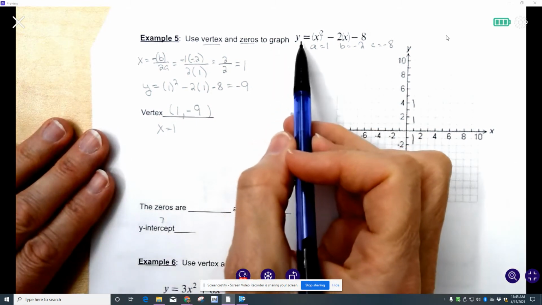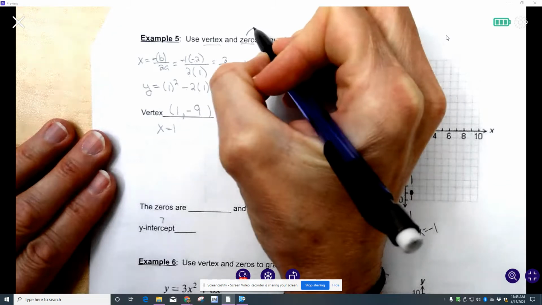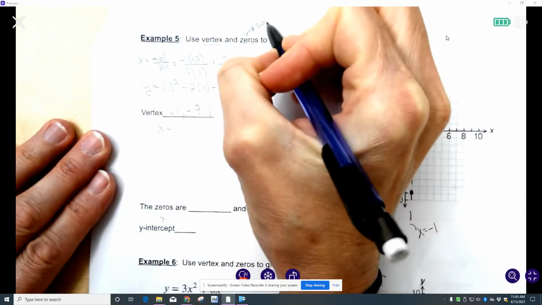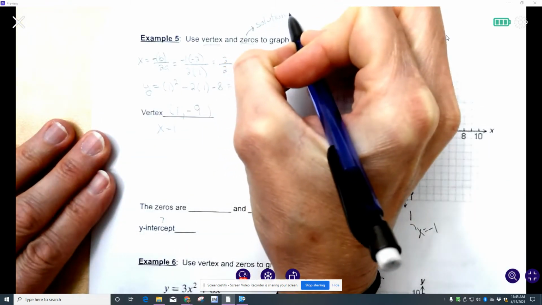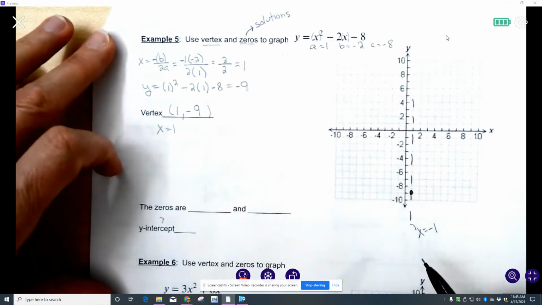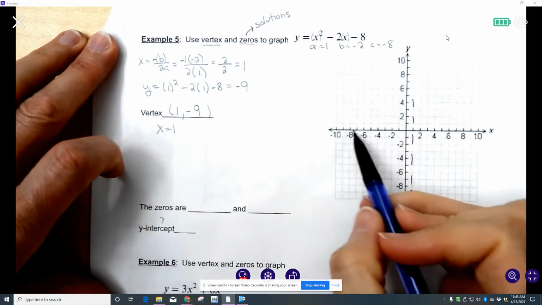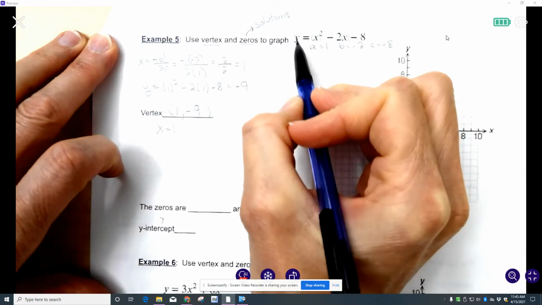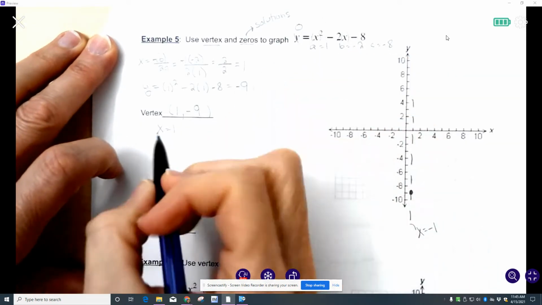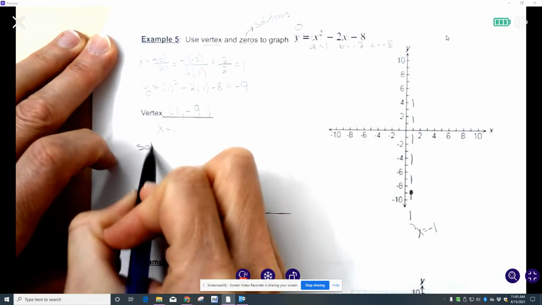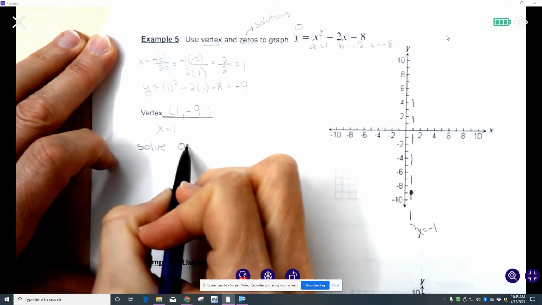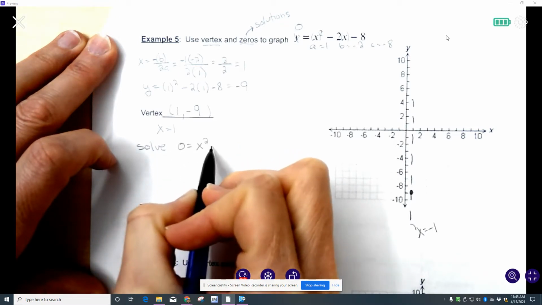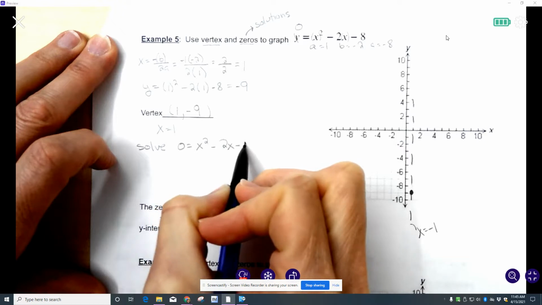Remember, finding zeros is the same as finding solutions. When we're finding solutions, we're finding x-intercepts, or where y is 0. So I'm going to solve this equation: 0 equals x squared minus 2x minus 8.